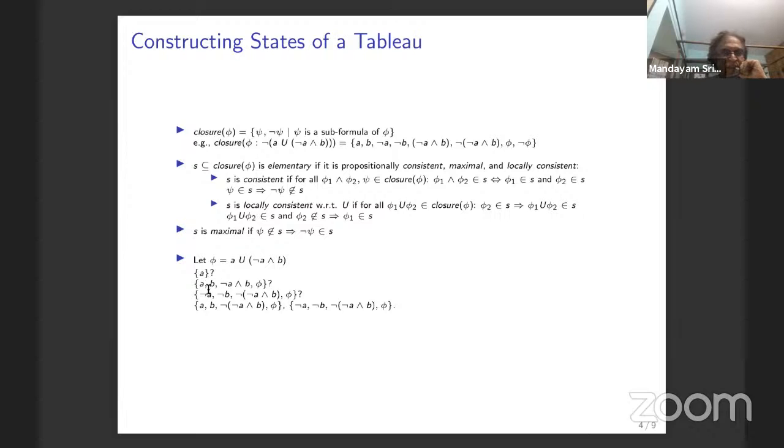So how about this one? The next one? I haven't even thought about this. Okay. Phi is A until not A and B. It's not consistent, is it?